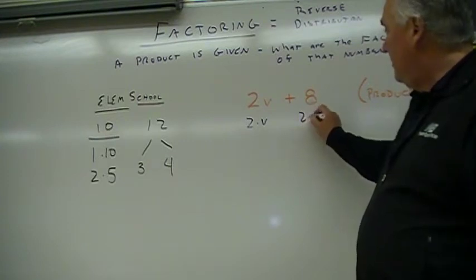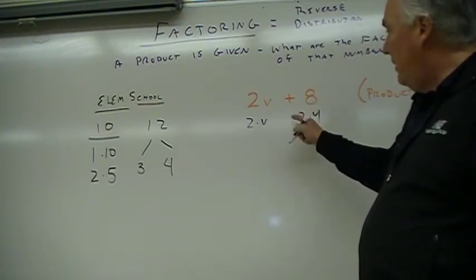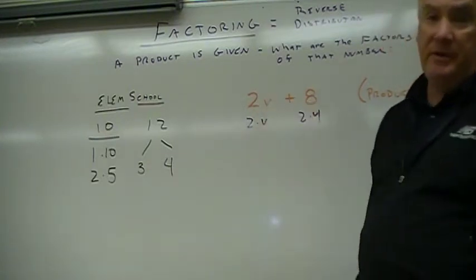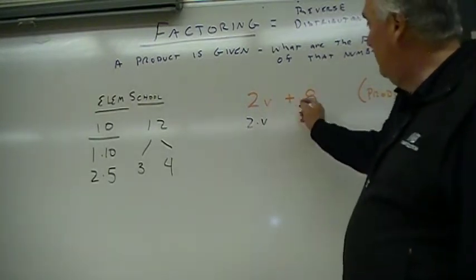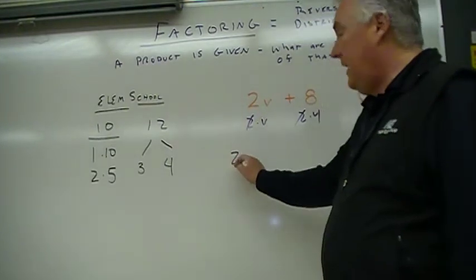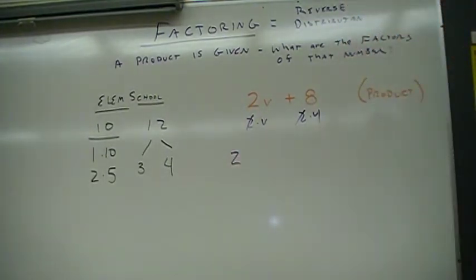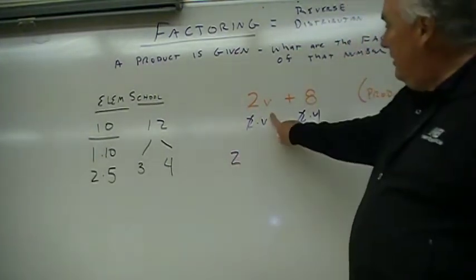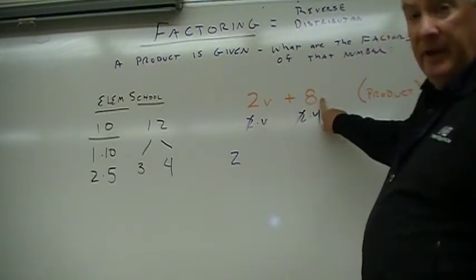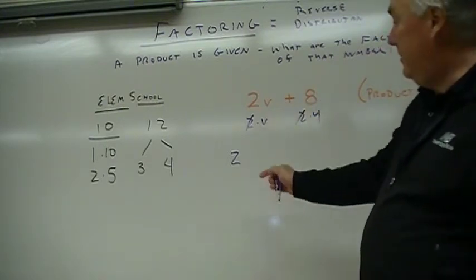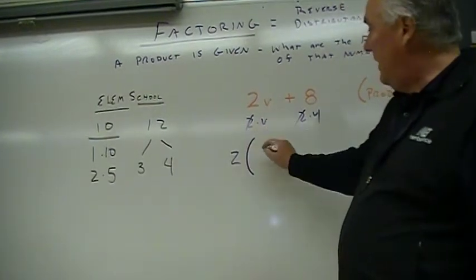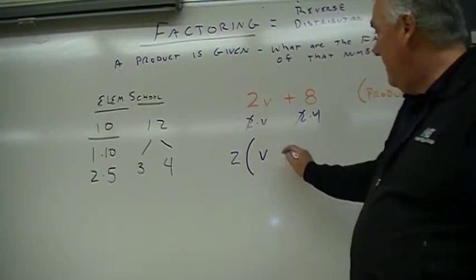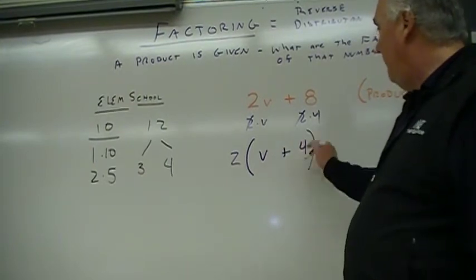Here, I'm choosing 2 times 4 because I know 2 goes into both 2v and 8. So what we do is say, okay, well 2 goes into both. We can take it out. Bring it there. There's a v here, but not a v here, so we can't take any variables out. We can only take the 2 out. What's left? v plus 4.